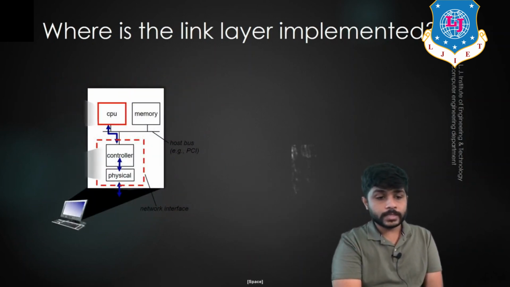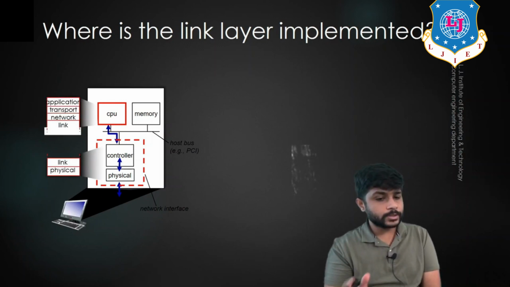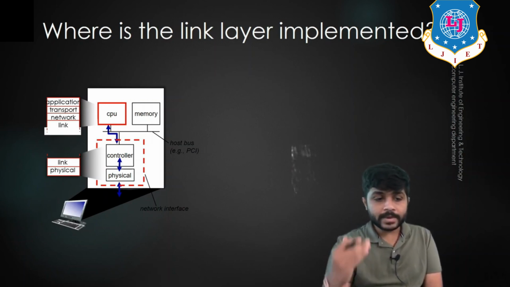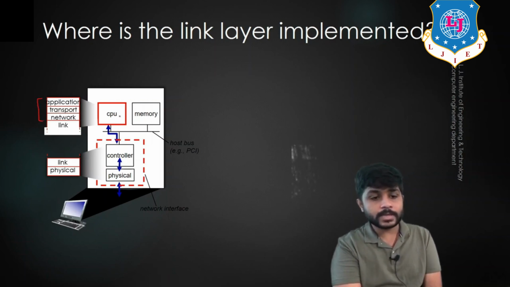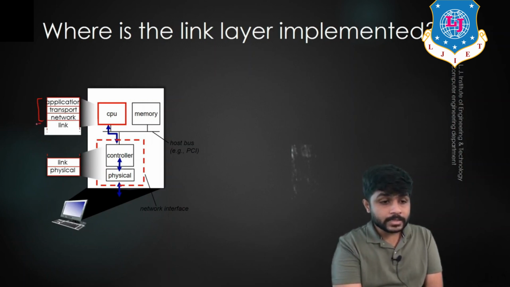You can see that there is one computer. You know that in each and every computer there are 5 main layers: physical layer, data link layer, network layer, transport layer, and application layer. The network, transport, and application layers are present in the CPU, meaning these 3 layers are implemented in software, but the data link layer is implemented in software as well as hardware.